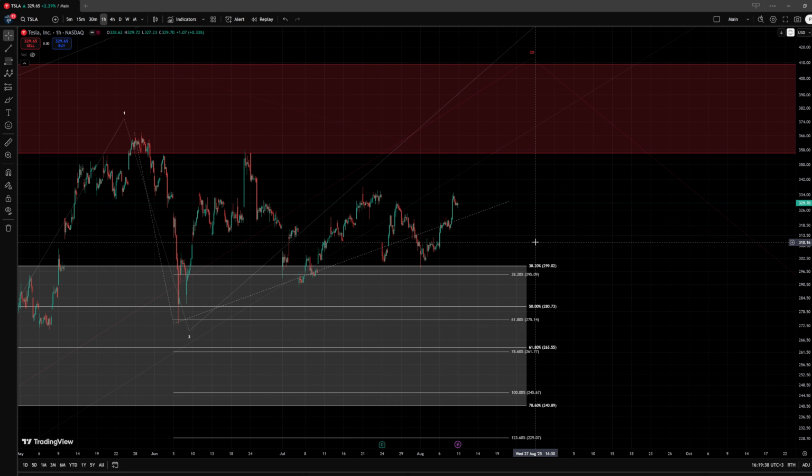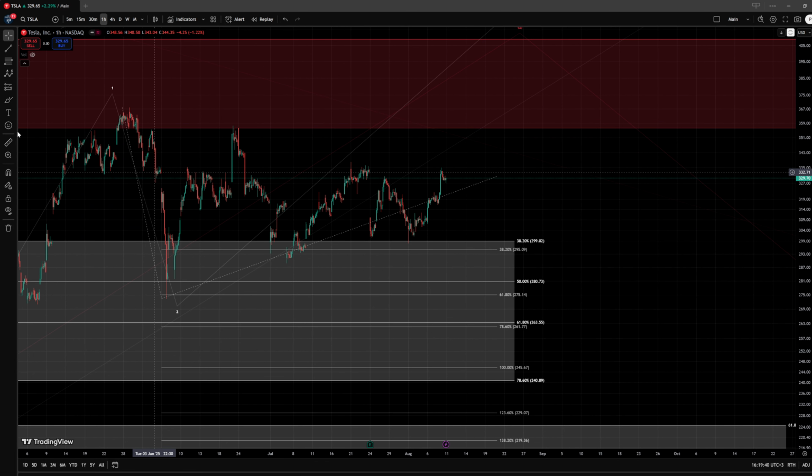So for now we did push slightly higher. Finally we did make a higher high past the previous supposed 1-2. The unfortunate thing is that we actually broke below the start of it, so it isn't valid.